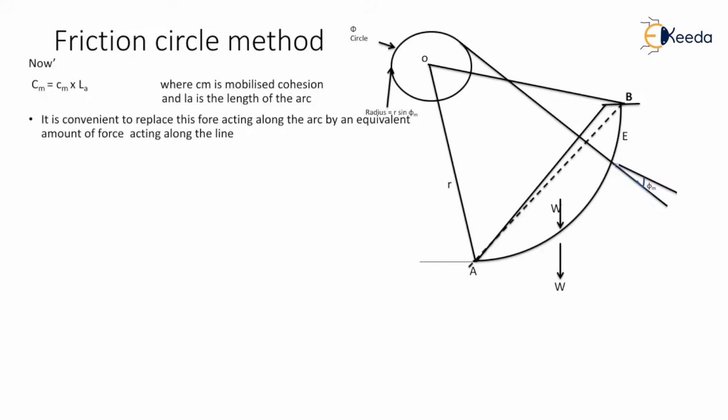So, we are replacing this cohesive force acting along the arc AEB by a force along the straight line AB. Hence, the force along the chord AB is equal in magnitude to the force cm into Lc, where Lc is the length of the chord AB.